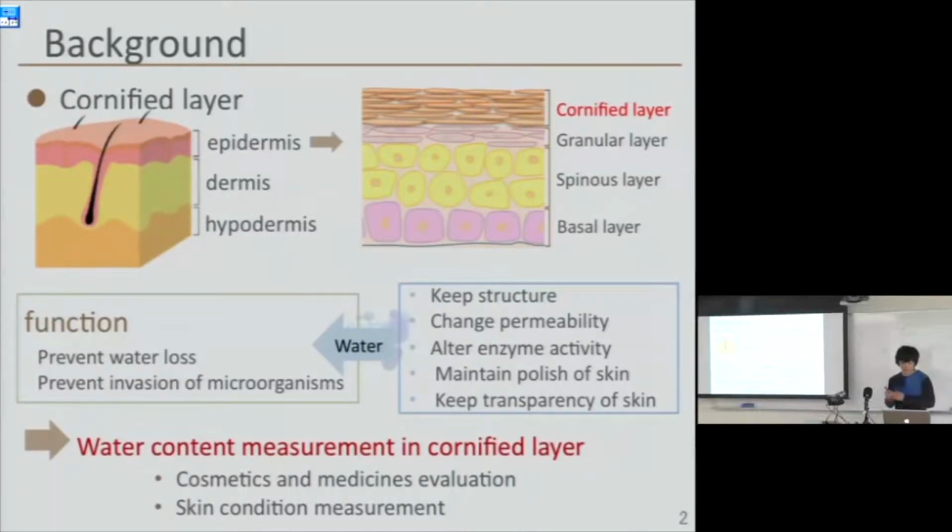So measuring water content in the cornified layer would be of great help in some cosmetics, medicines, or biological research programs.